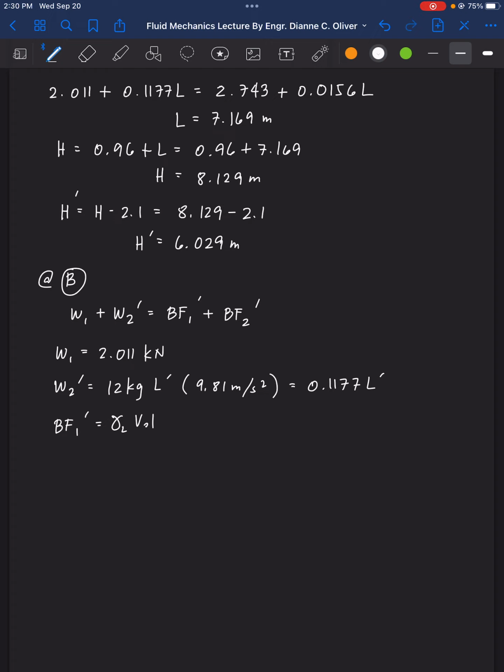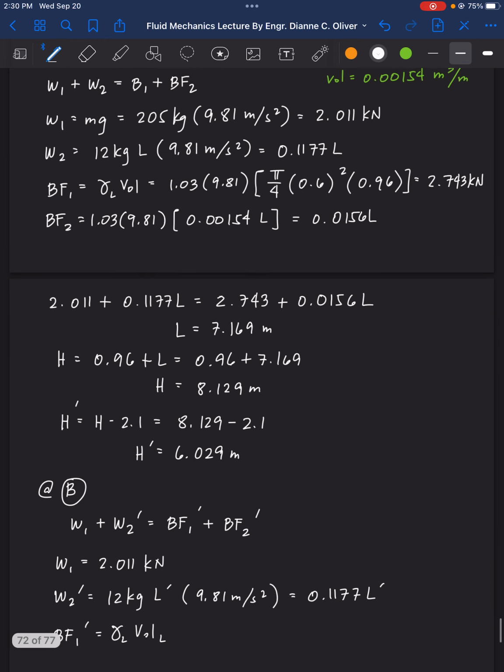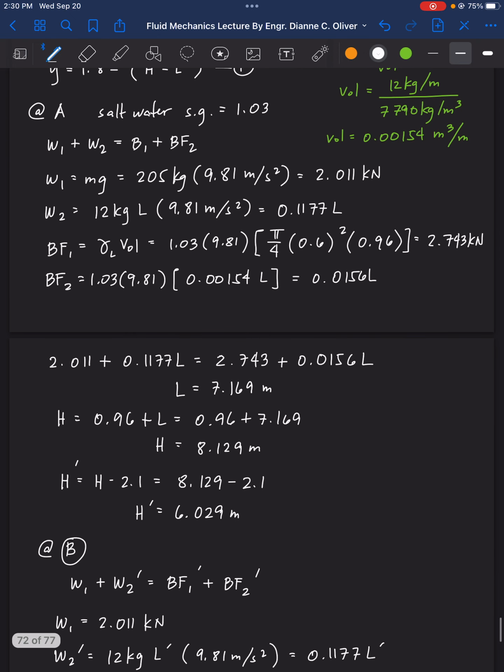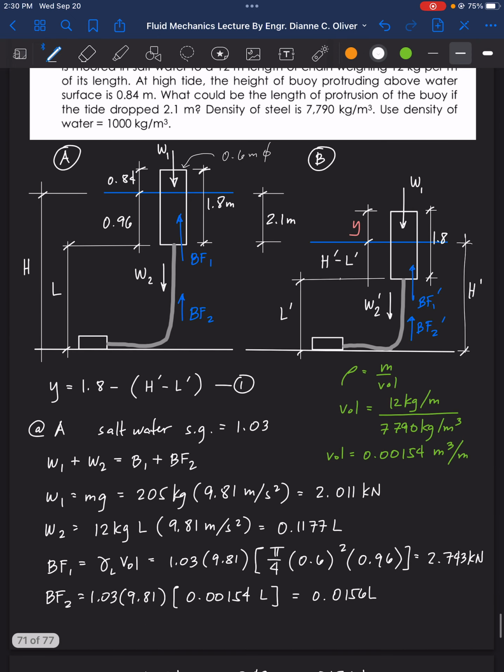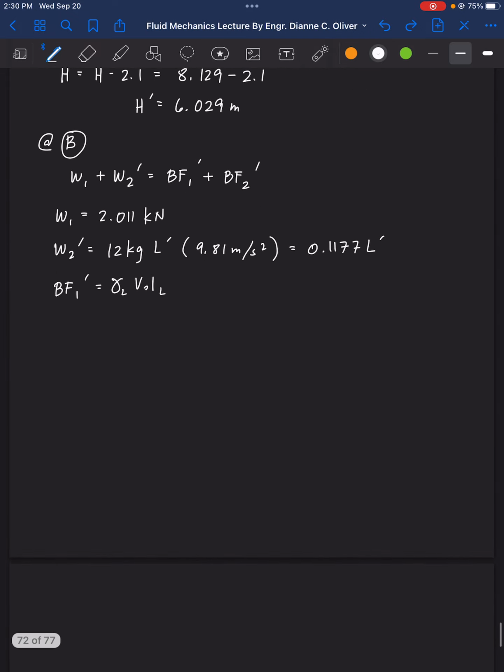For the buoyant force 1 prime, that is submerged in the salt water, the liquid, then the volume of the liquid submerged in the liquid. So BF1 here is the one submerged. So that is H prime minus L prime, same area. So BF, that is 1.03, 9.81.